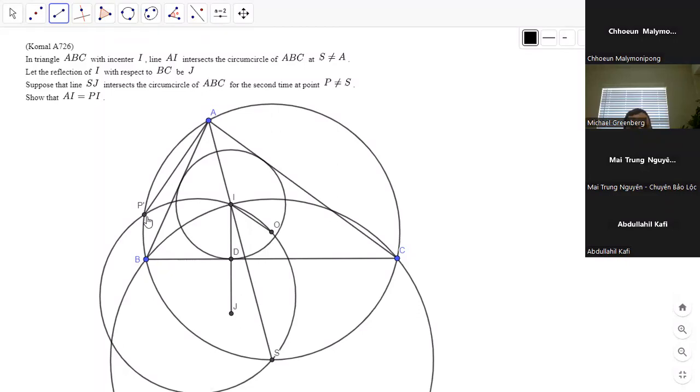It's a good way to do that. So we know ASP is ISJ.